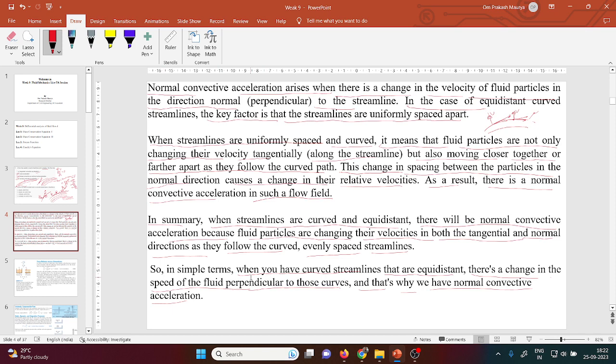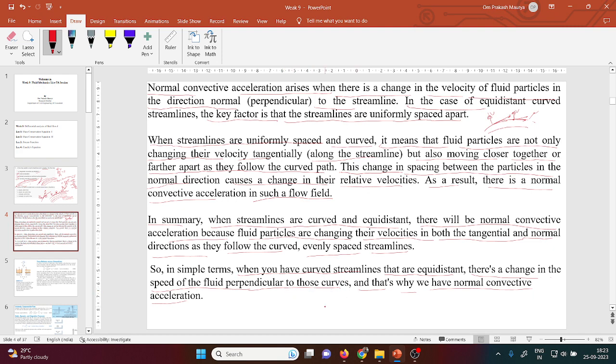in simple terms, when you have curved streamlines that are equidistant, there is a change in the speed of the fluid particle along those curves. Think on that line: there is a change in speed of the fluid particle along those curves.